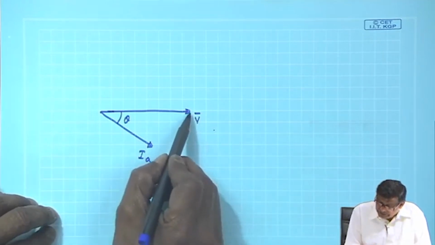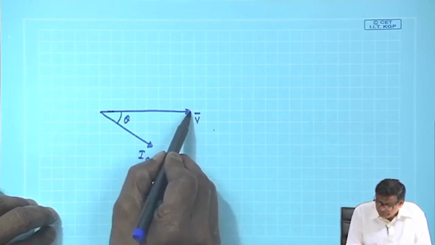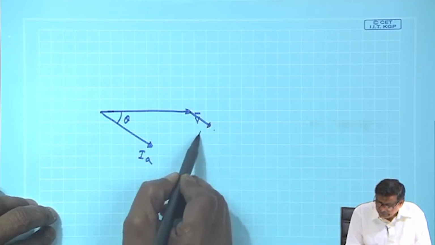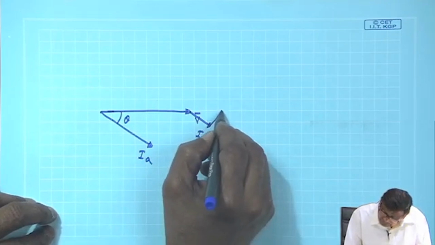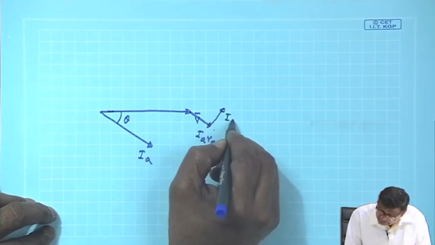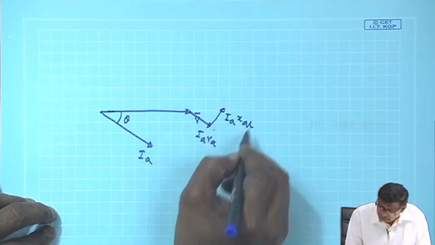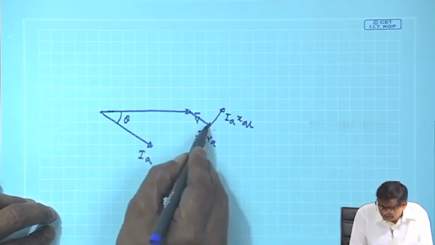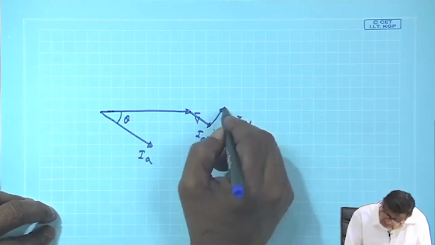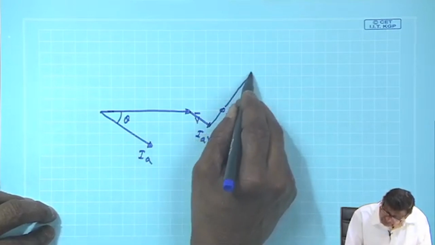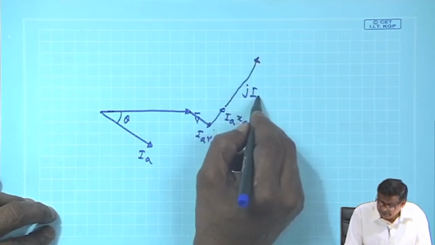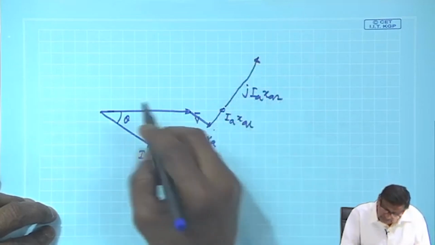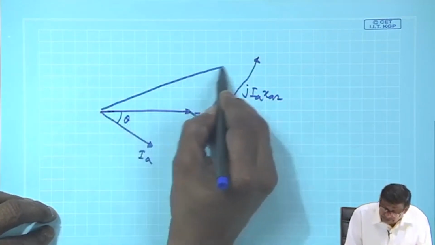Then to this V you have to add the drops. One is the IA RA drop, and then another is the IA XL drop, the leakage reactance drop. These two are very small, and then most of the drop takes place in the armature reaction reactance XAR, and then you will get EF.